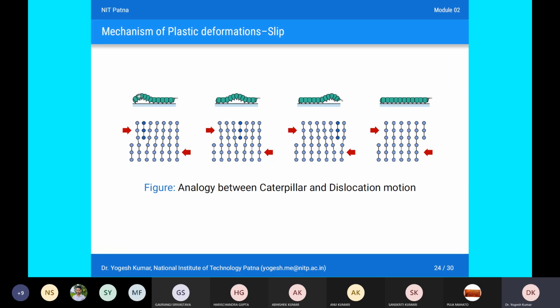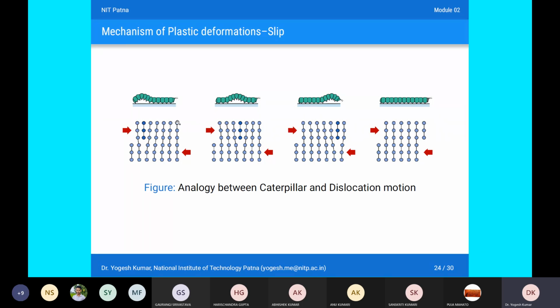This is the tail, and this is the head of your caterpillar. So this hump is in the middle of your caterpillar, then it is near the head, and this is how the caterpillar moves on the earth's surface.